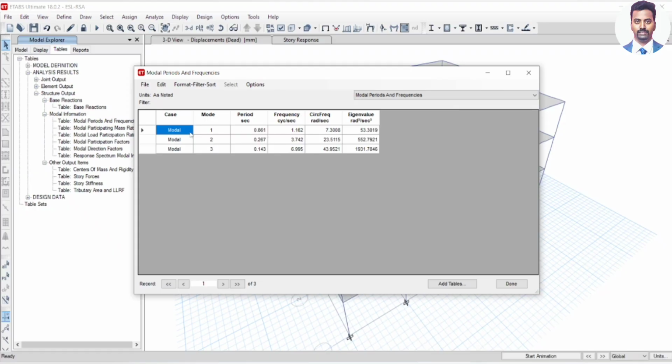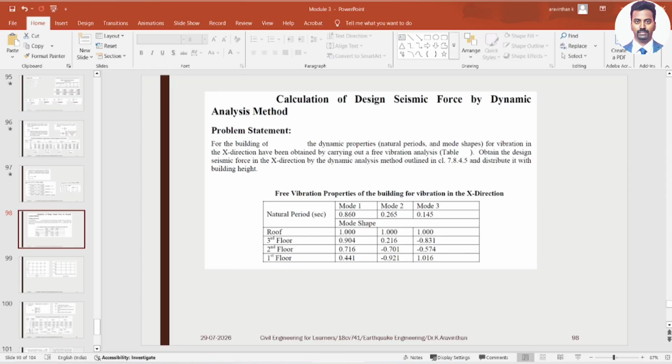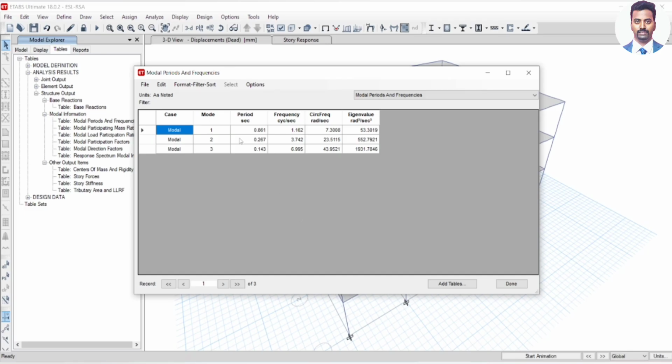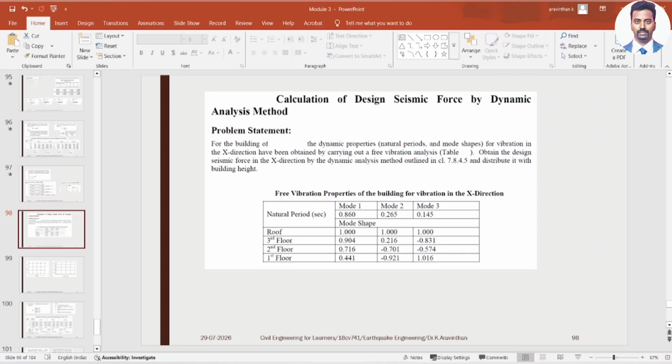Yes, we got our first mode as 0.861. Second mode is 0.265, 0.267, and third mode is 0.143, 0.145. So nearly we got around 95-97% of the value as the natural period in first, second and third mode.